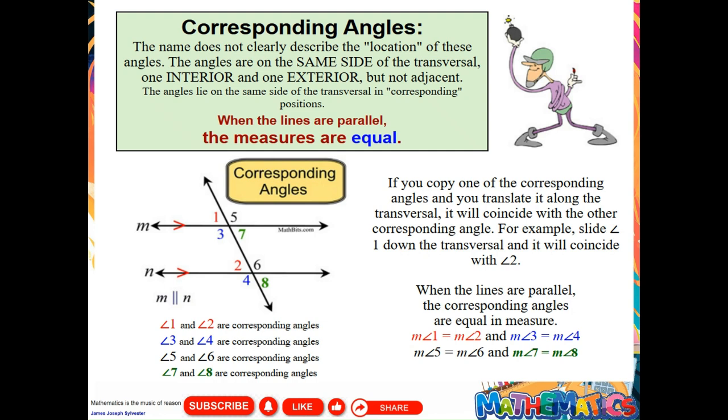The exterior angle is 1 and the interior angle is 2. The same with angle 5 and angle 6, angle 3 and angle 4, angle 7 and angle 8. They are the corresponding angles, and the corresponding angles are always equal in angle measurement.